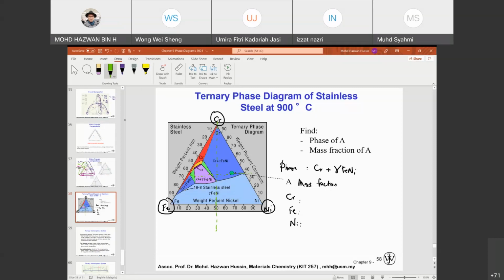And this should be the value that you read for chromium. You should read it from here. It should be around 40, so let's say 40% of chromium.